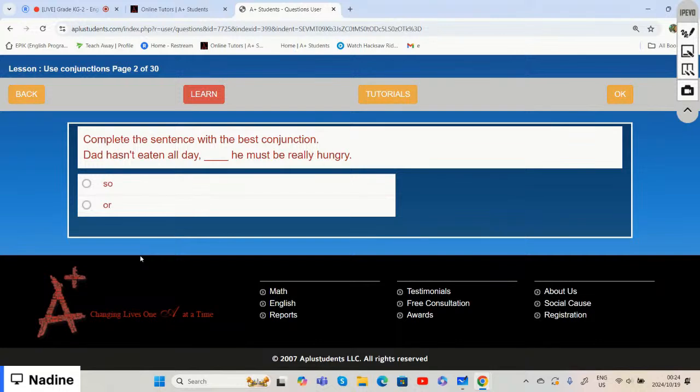Dad hasn't eaten all day. Do we say, so he must be really hungry? Or do we say, or he must be really hungry?